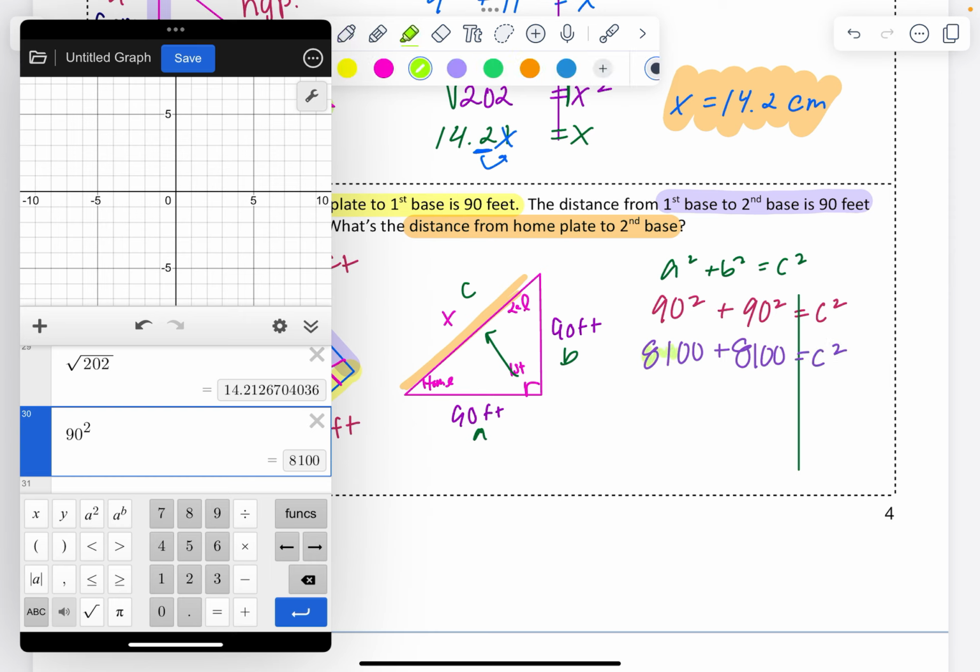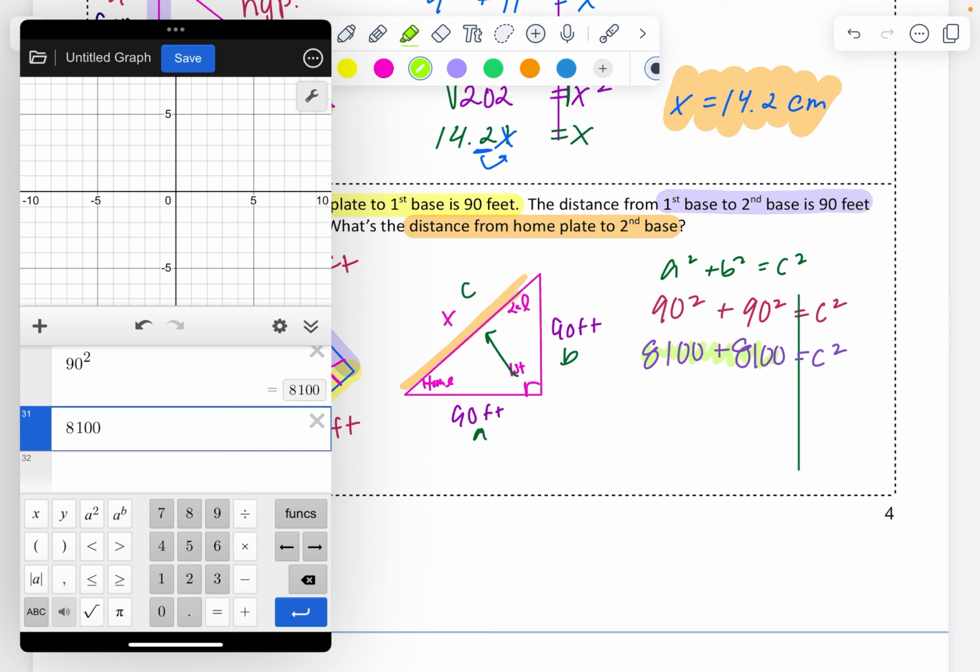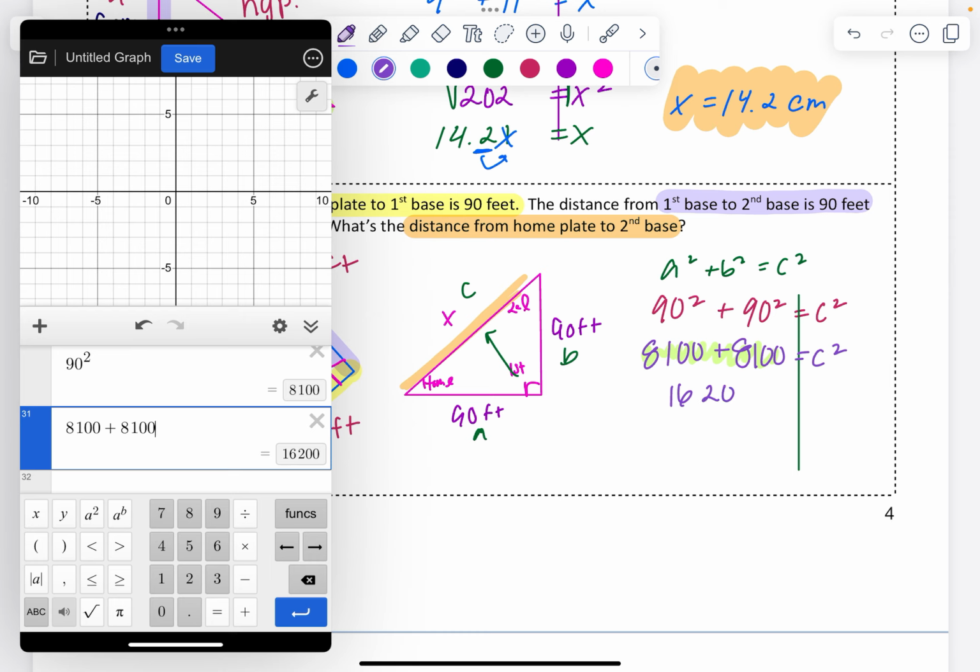I'm going to combine my like terms. 8,100 plus 8,100 gives me a value of 16,200 is equal to C squared.